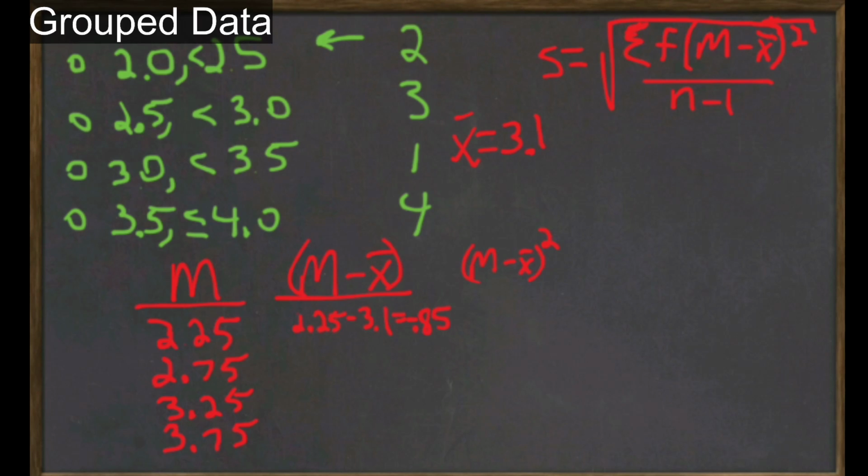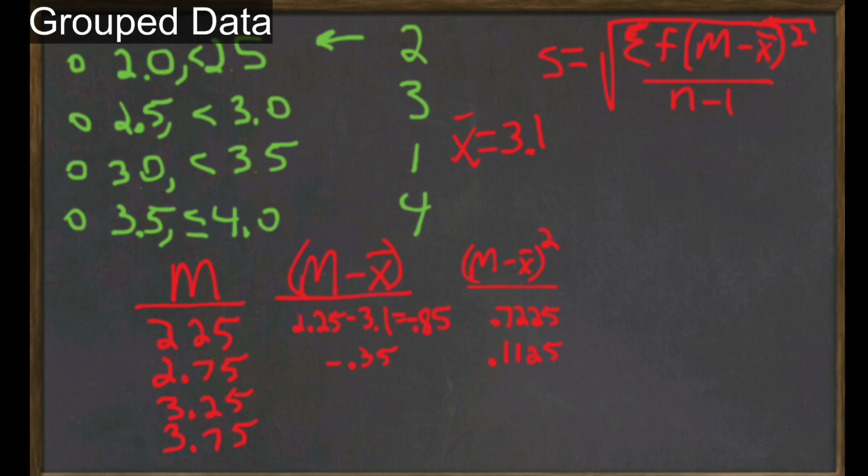So 0.85 squared is 0.7225. Okay, this next one is minus 0.35, and that comes out squared as 0.1125.